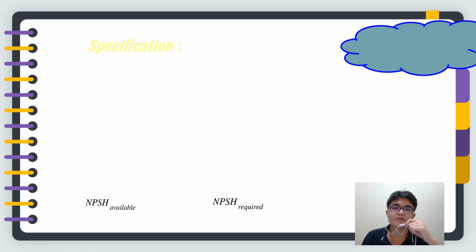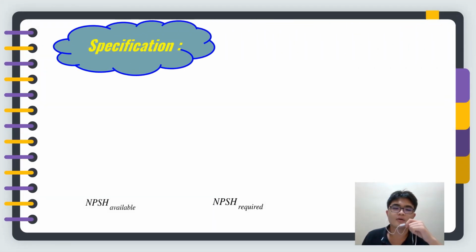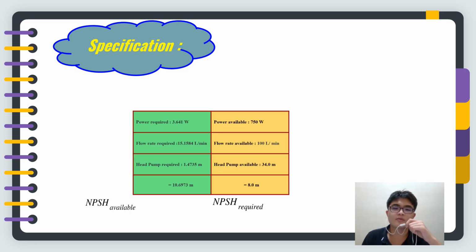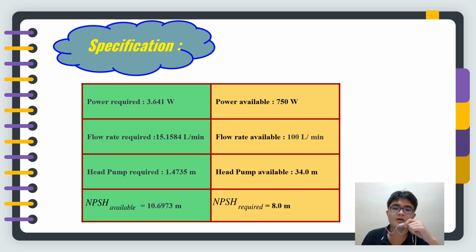In order to understand why we chose the SCM75 water pump as our final decision, now we will compare the values from the calculation and the values from the SCM75 parameters.